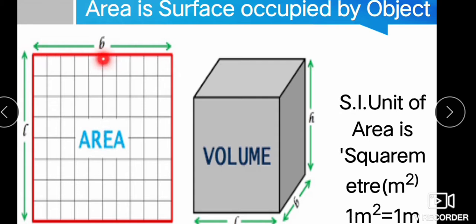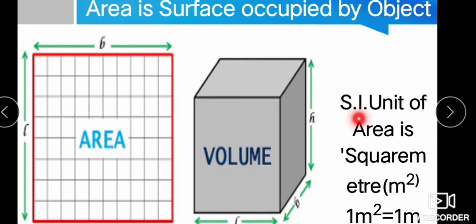Length into length, meter into meter, so it is written as square meter. In the International System of Units, area is measured in square meter. In short, it is written as meter square. 1 meter square is 1 meter into 1 meter.